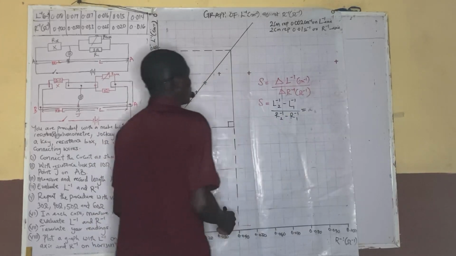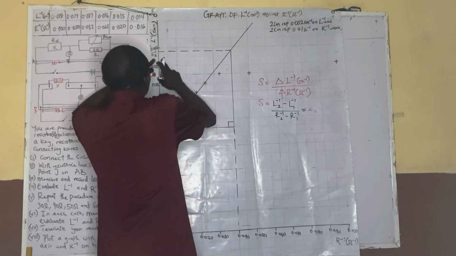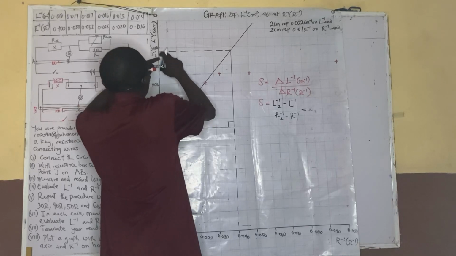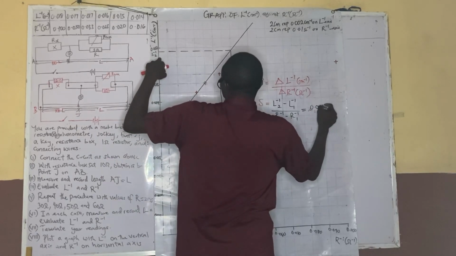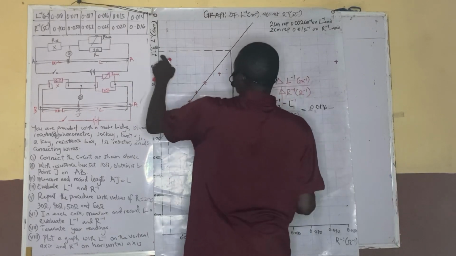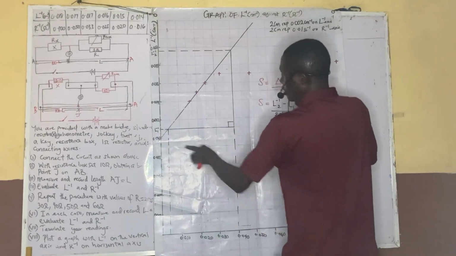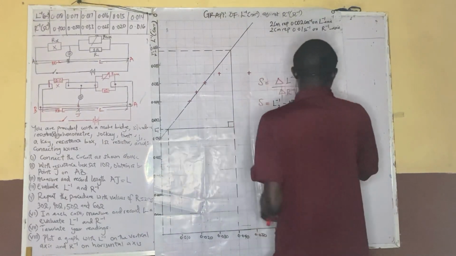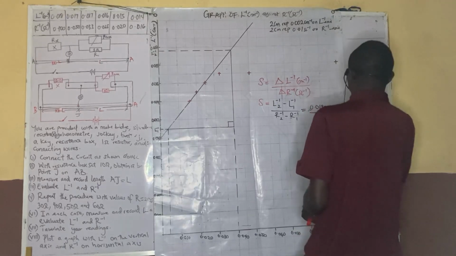So it's equal to, now we have this is 0.0196 because this is 246, minus that of this one, 0.011.